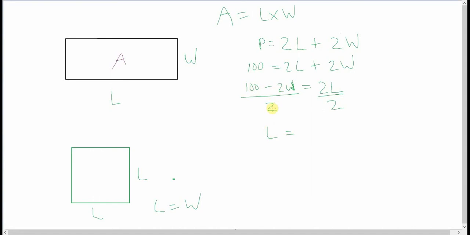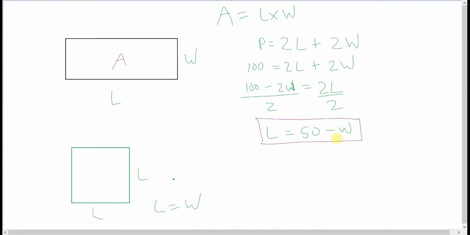So we have 100 divided by 2 is 50, 2w divided by 2 is 1w, and it was negative, so negative w. So we would have the length is 50 minus w if the perimeter was equal to 100.